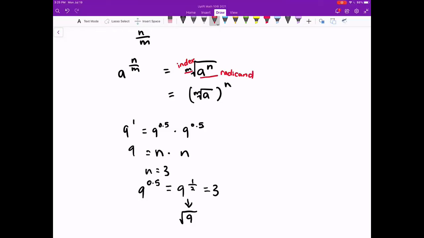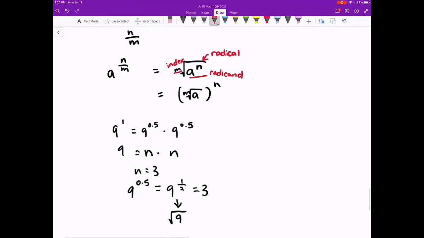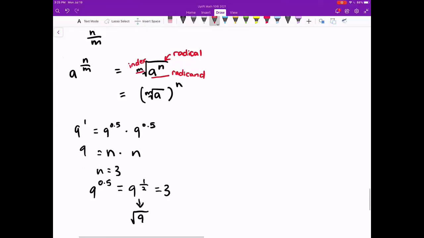And this weird sign that almost looks like a division sign for long division is called the radical. It's not really necessary for your grade 10 school career, but it's a good thing to know in case it's on the test. We can do an example for this. We could have something like the cube root of 9. In this case, the index would be 3, and the radicand would be 9.